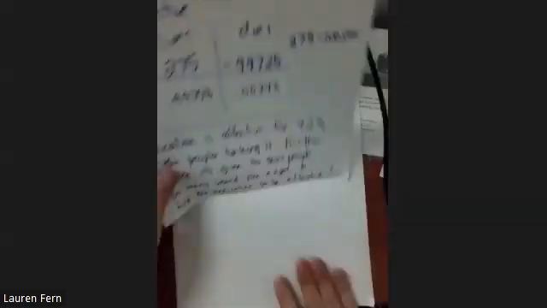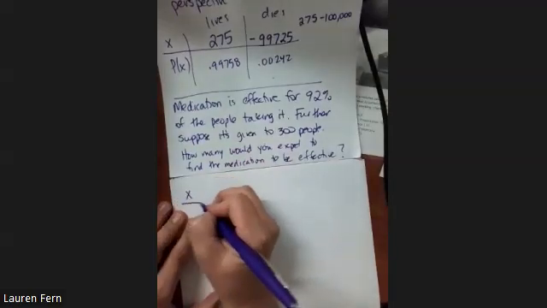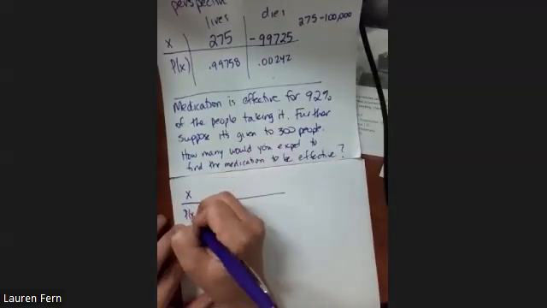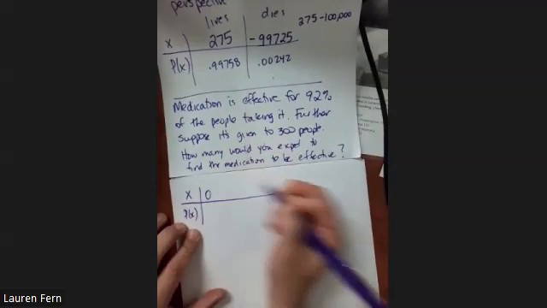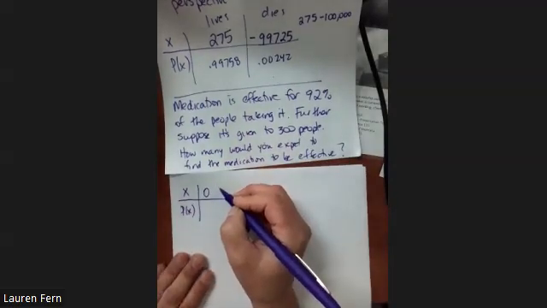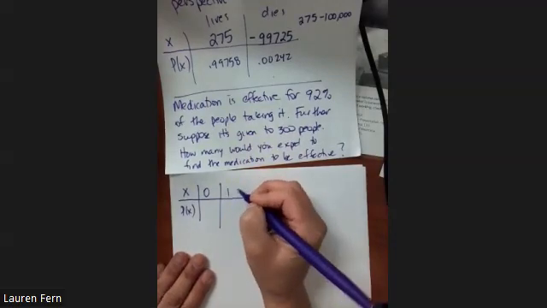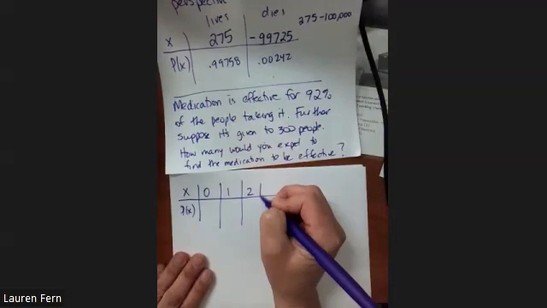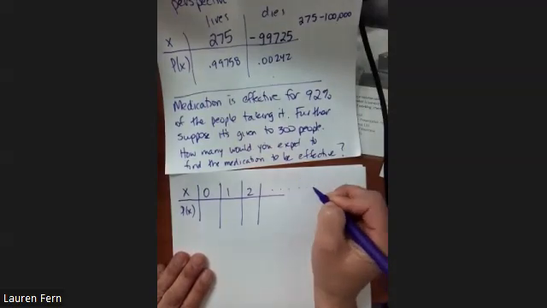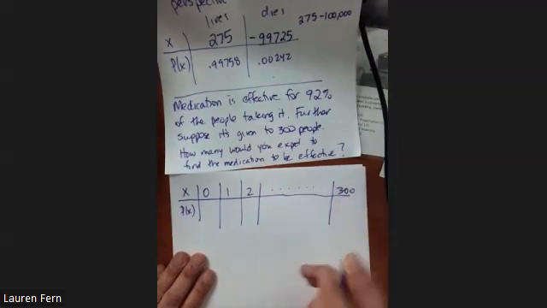Okay. Well, what are all the possibilities then? We could have 0 people find it to be effective, or 1 or 2, all the way to what? 300.